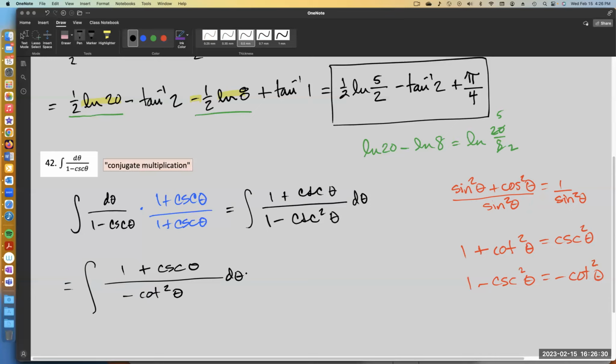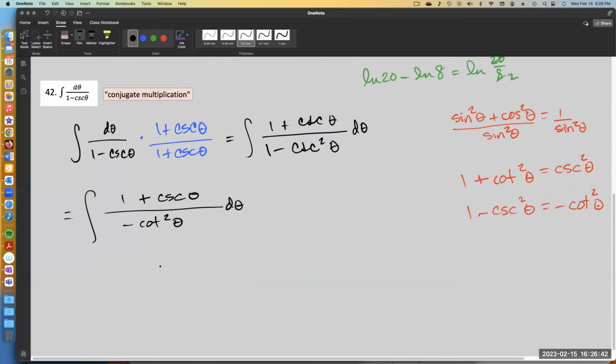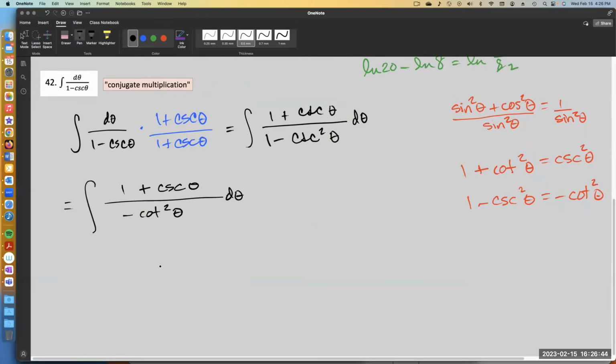So in the big picture, our denominator is now one term, and that is great because now we could split the fractions if we want. We can do a lot of different things right now. We can change to sines and cosines if we want, whatever feels like it might work.